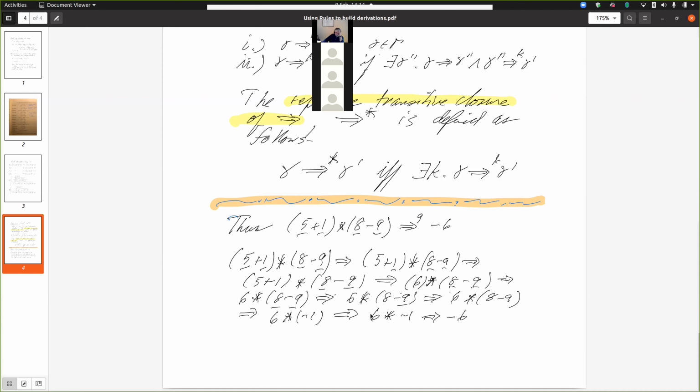You've got to wait until you get value times value, then you can eliminate it. This is only one of many possible sequences that would get you from 5 plus 1 times 8 minus 9 to the result of minus 6.